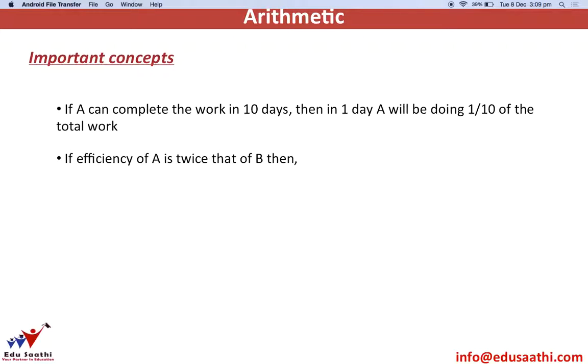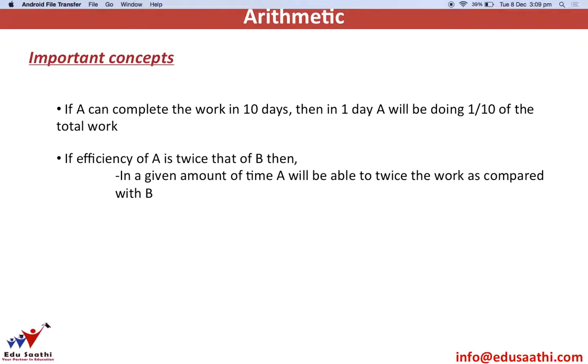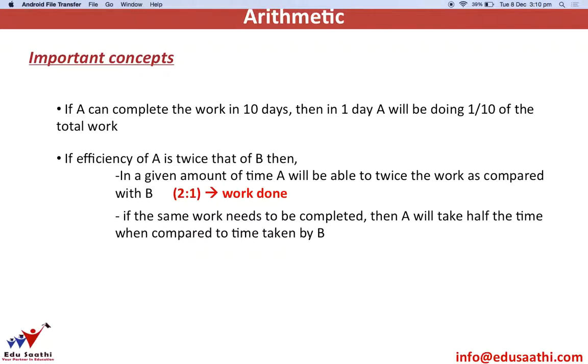If the efficiency of A is twice that of B, then in a given amount of time, A will be able to do double the work as compared to B. So if A is more efficient than B, in the same amount of time, A will be able to do double the work as compared to B. So work done will be in the ratio 2:1.